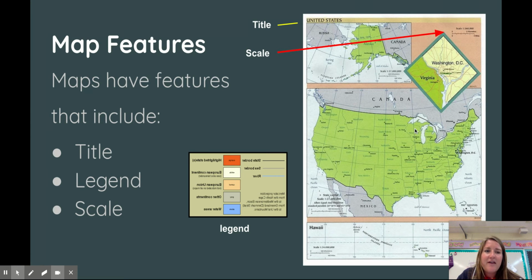And then we have a scale, right? We know that we're here in California and I can't put my finger on it and cover up the whole state, right? I can hardly do that on a piece of paper. So we know that this is drawn much smaller, on a smaller scale, to show us the whole map of the US in a small picture.